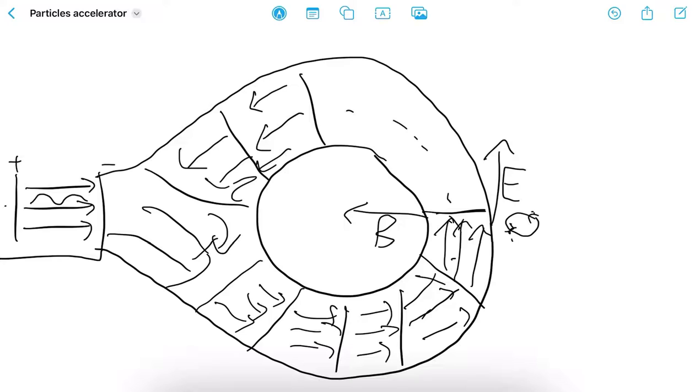And that stream of protons will travel in a circular motion.